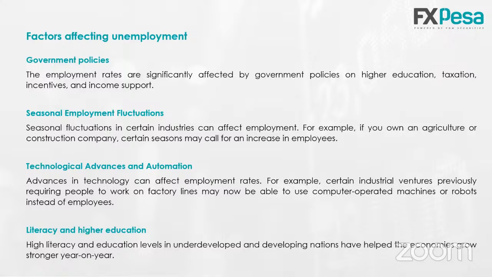So, for example, certain industrial ventures previously requiring people to work, for example, on a factory line, may now not be able to employ people, but it can opt to use computerized machines, or it can also tend to use robots instead of human capital.